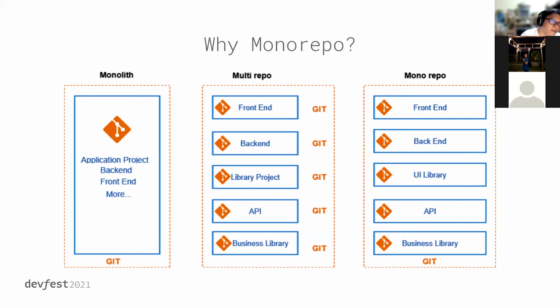Everyone will have visibility on what the other developer is doing, and they can give feedback. For example, a front-end developer can give feedback to a backend developer that he needs a certain structure of an API, or a backend developer can say that there are certain limitations on the data that he can get.